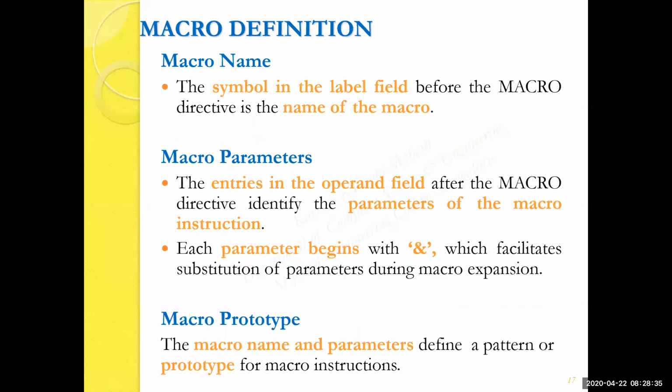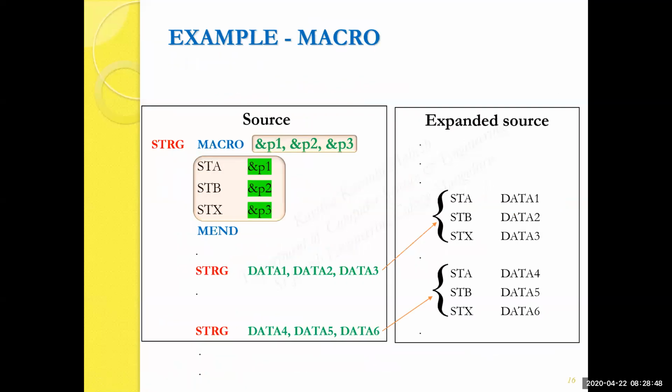And as I mentioned, every macro parameter is distinguished from a symbolic operand with the symbol ampersand. And also this ampersand enables substitution of parameters during macro expansion. As you see, it enables P1 to be replaced with the argument data1 in the case of the first invocation. Likewise, P2 would be substituted with data2 and P3 would be substituted with data3.